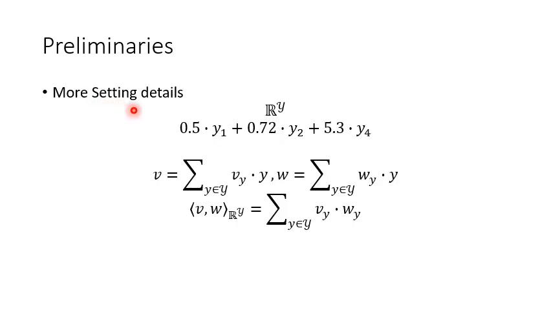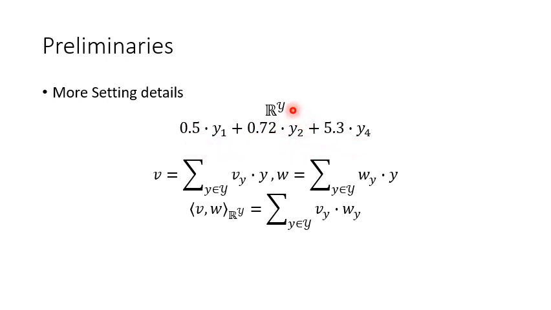Let's see more setting details that we will use to analyze functions. So let's denote by R superscript Y the vector space generated by the set of all formal linear combinations of elements in Y. So what are formal linear combinations for an arbitrary finite set Y? They can be just thought of as taking elements of Y, multiplying them by real coefficients, and then summing everything up.